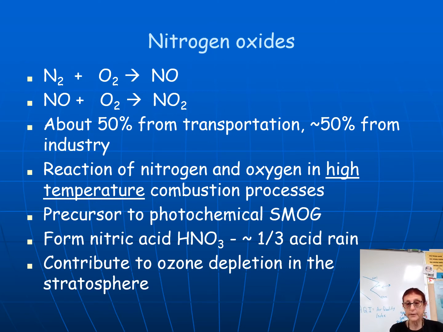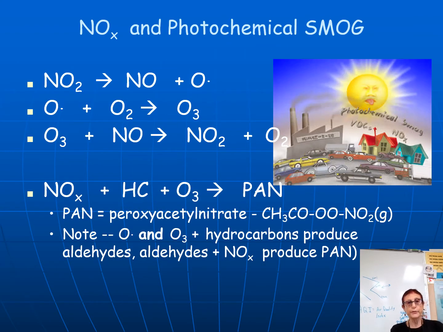And that's because of competing reactions that are set up. So if you look at NOx and photochemical smog in the troposphere, ultraviolet energy is able to make it through. It rips an oxygen atom off, and that oxygen atom can react with an oxygen molecule to produce ground level ozone.